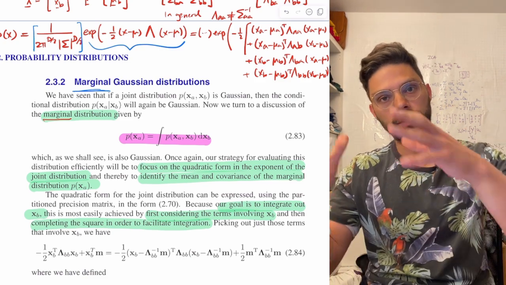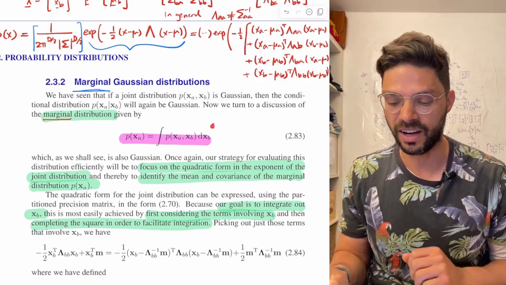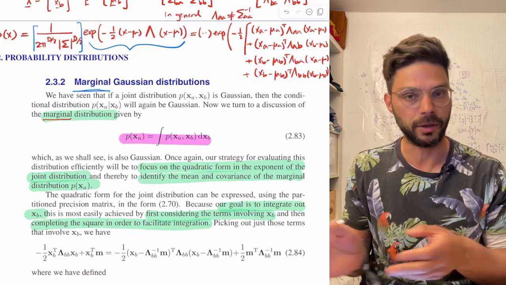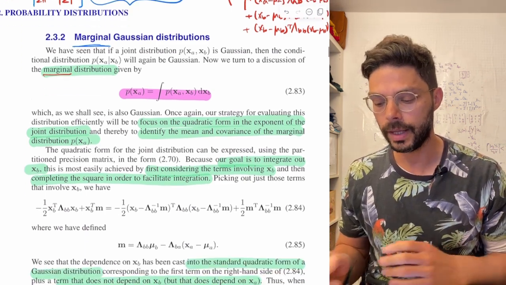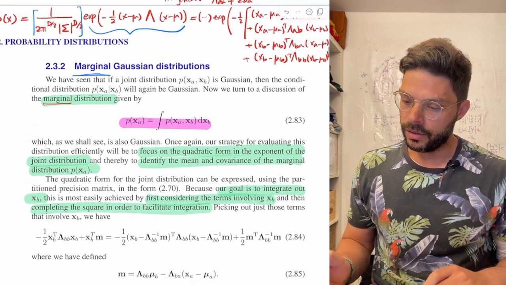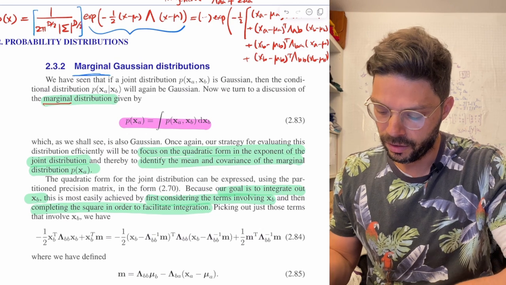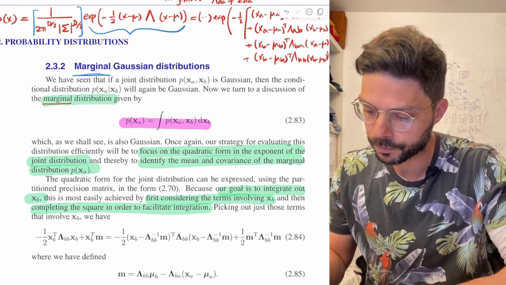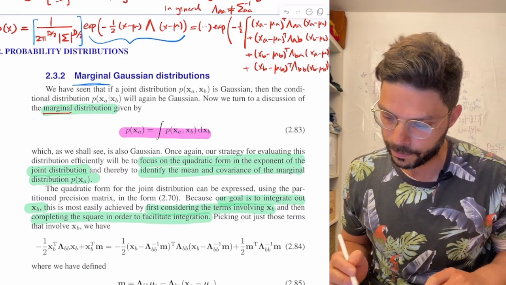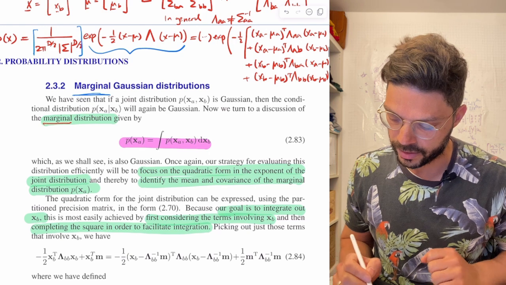Rearranging the terms so that when we do this integral, we can just forget about x of b because it'll be integrated out, leaving us with the terms of x of a. Okay, so let's write that out. Let's just see where he's getting all of these.